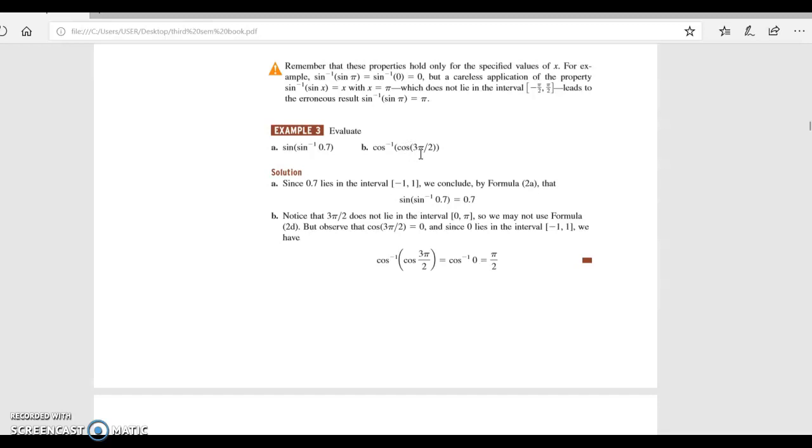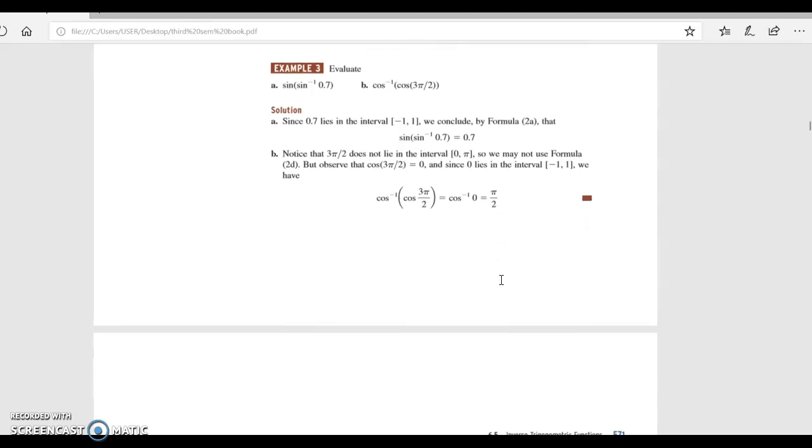So we have to use another formula. Cos 3 pi by 2 is equal to 0, and 0 lies in the interval -1 to 1. So we have cos inverse of 0, which is equal to pi by 2.